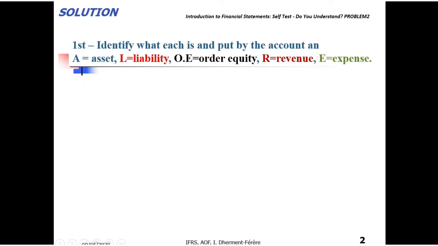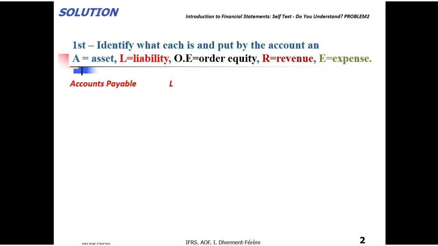Solution. First, identify what each is and put by the account an A for asset, L for liability, OE for owner's equity, R for revenue, E for expense.